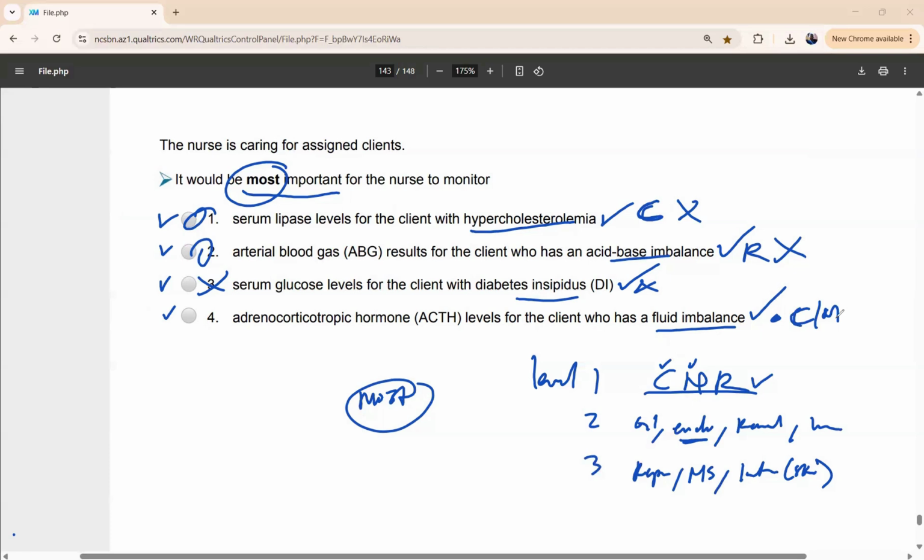So we have these 3 things right here: hypercholesterol, fluid imbalance, and acid-base balance. Before hypercholesterol can be a problem, it needs to have caused something related to CAD, which maybe can cause blockage, and a situation like maybe it has started causing angina or maybe MI. That is when it's a problem.